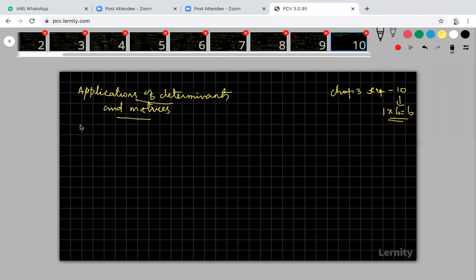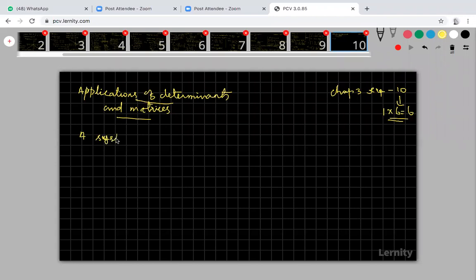The application of determinants is solving a system of equations using determinants and matrices. So using determinants we are going to solve the system of equations. First, you have to understand a definition: a system of equations is said to be consistent.